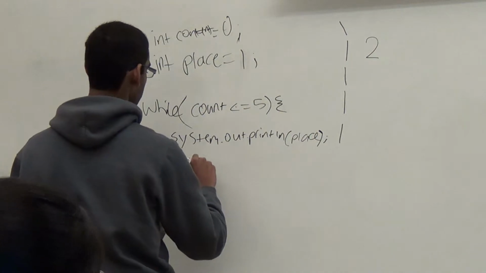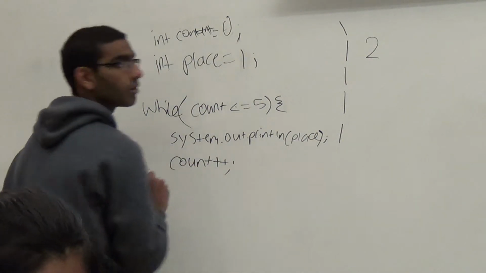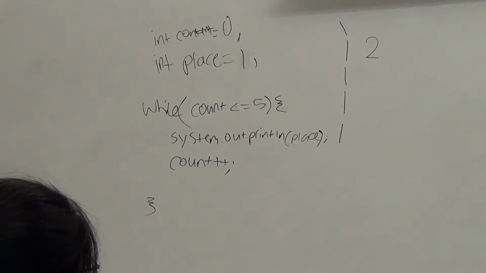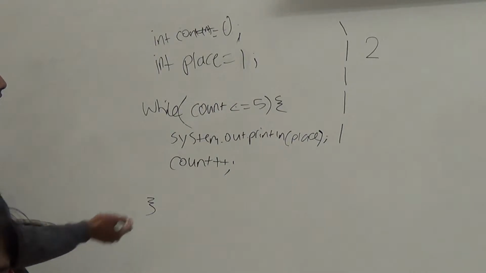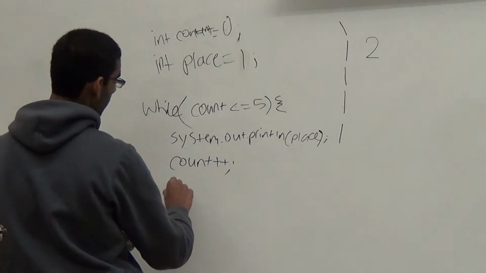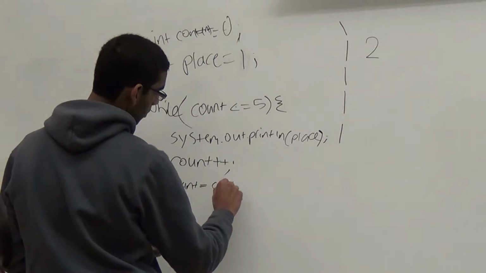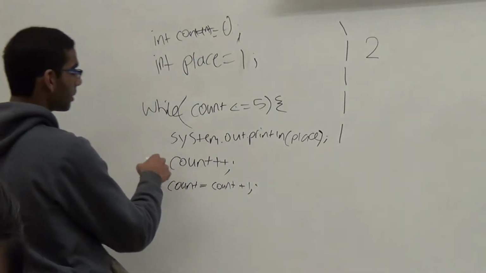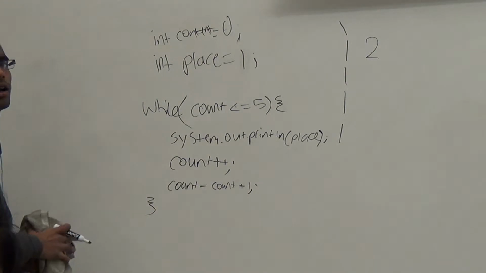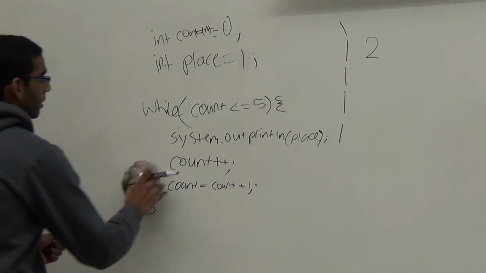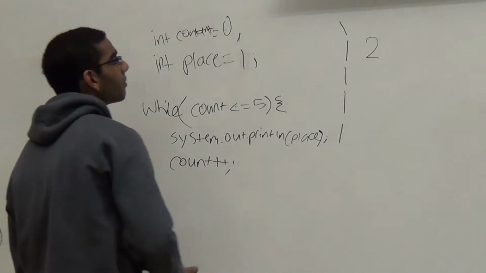Count plus plus here. Make sense? What is that count plus plus? This statement is equal to saying count equals count plus 1. These two statements are the same thing. Okay? But that's not what we want in our program.